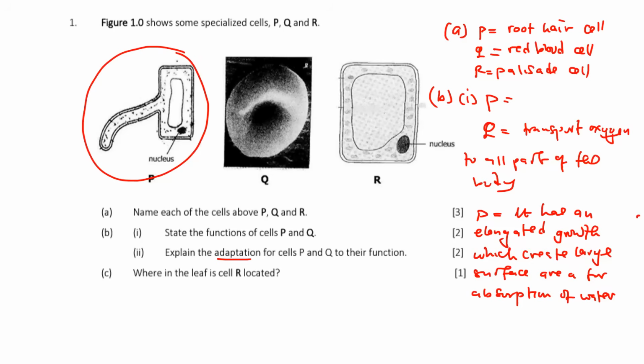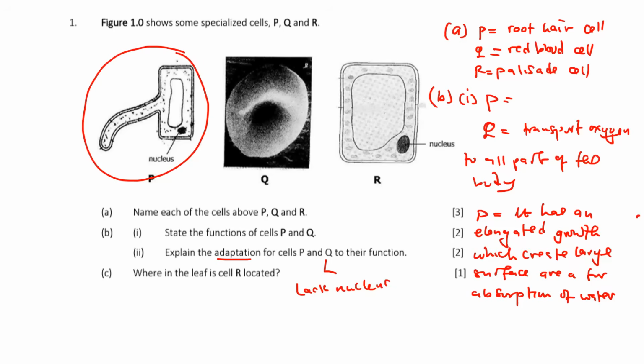What about Q? Q is the red blood cell. What adaptation does it have? One, it lacks a nucleus, to create a large room for hemoglobin.